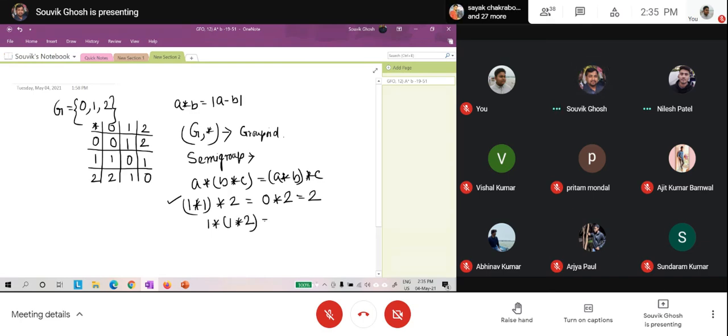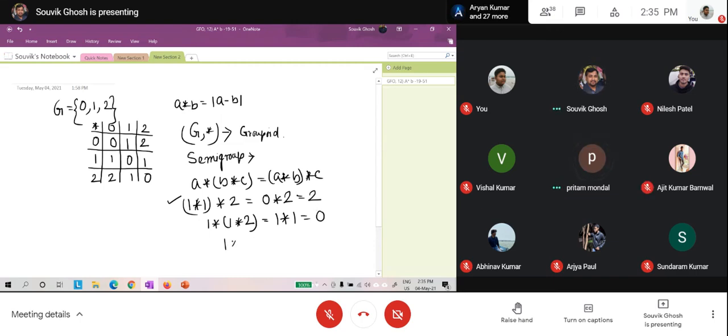We change the position of the parentheses. So what is 1 star 2? It is 1. So we have to do this operation first. Then we have 1 star 1, which is 0. Does 2 equal 0?